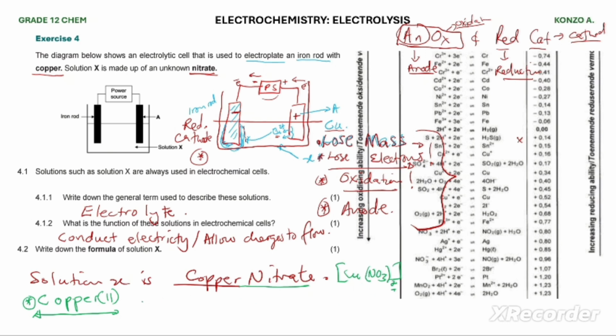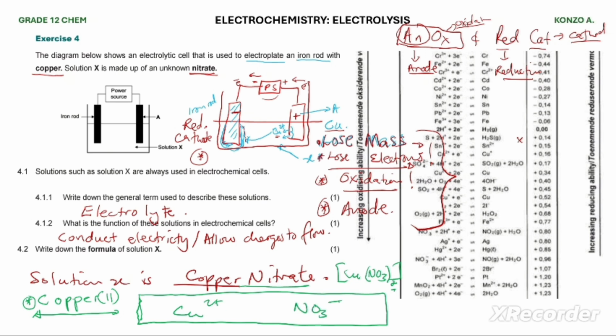There is a table that we normally use during our live classes that reflects how things bond to each other. So we've got copper 2 plus, which is the copper 2 I was talking about, and then NO3 minus.